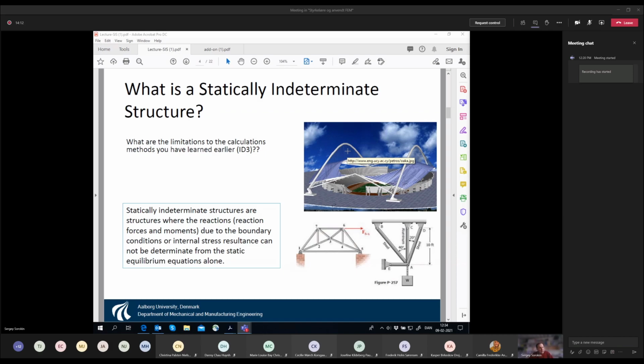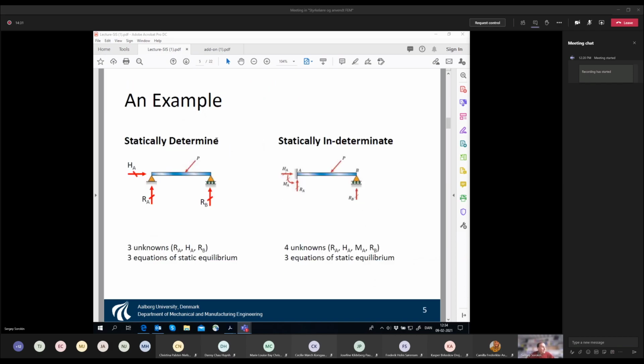So it's very, very simple. In statically determinate structures, you find all the forces in the components using equilibrium, and in statically indeterminate structures, you cannot do it. And in real life, we always have this high level of indeterminacy. Then the very simple example, on the next slide.